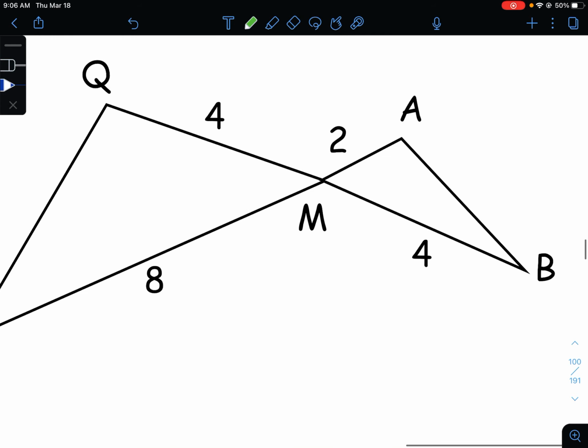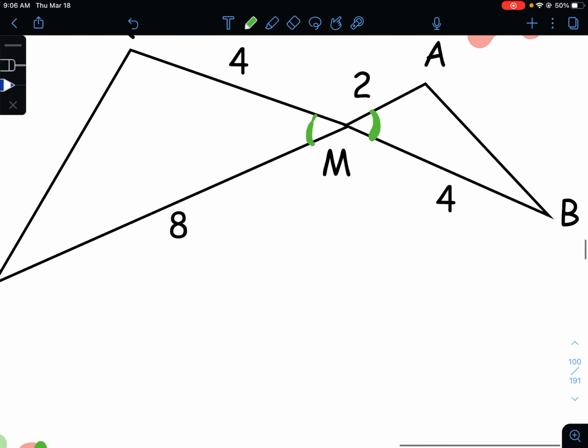Well, I see an X there. We've got vertical angles, all right? So it looks like we might be able to do a side angle side. But first, before we say side angle side, we need to make sure that we prove that these sides are proportional. Now, since we're doing side angle side, you actually only need to show that two sides are proportional, the sides that enclose the angle.